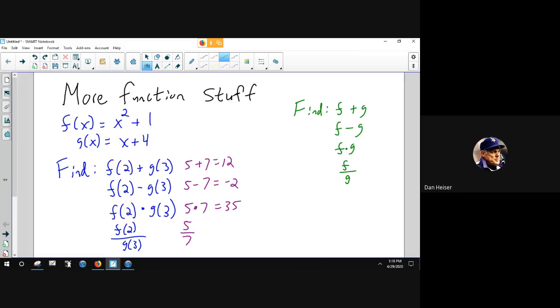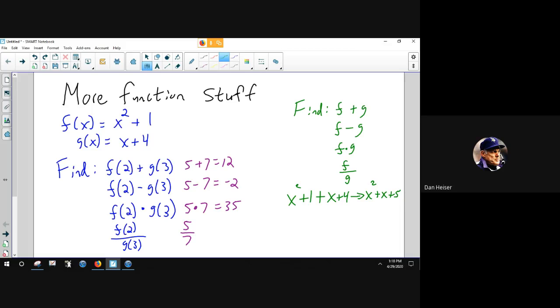So f plus g. f plus g is simply x squared plus 1 added to x plus 4. Collecting our like terms, we get x squared plus x plus 5.